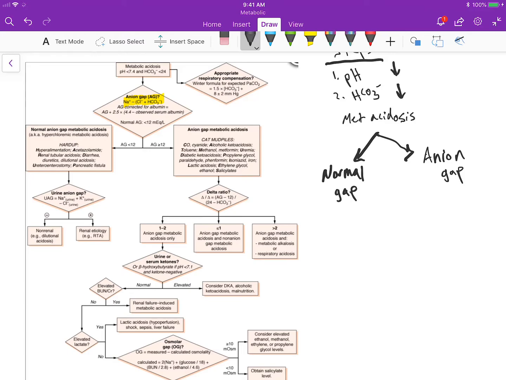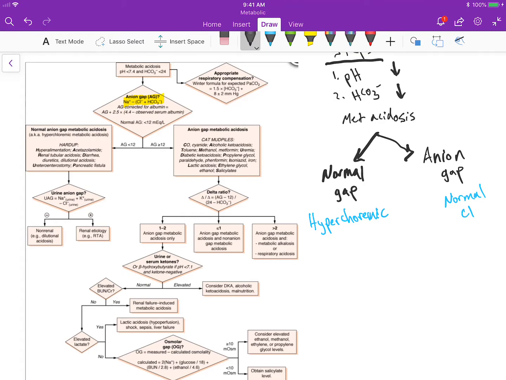After we identify whether we have a normal anion gap or an increase in anion gap, if we have a normal gap, this is always going to be called hyperchloremic normal gap metabolic acidosis. I'm going to save time and not write that out. Whereas the anion gap will have a normal chloride.